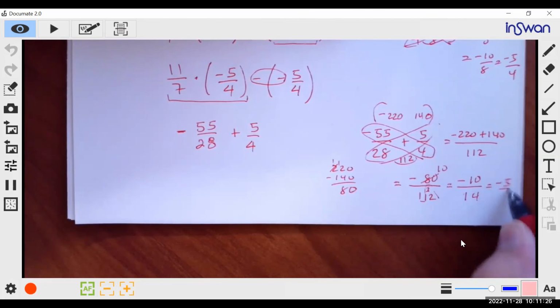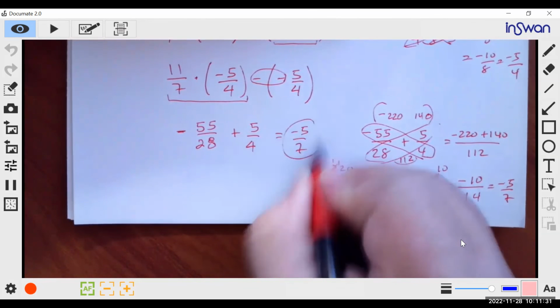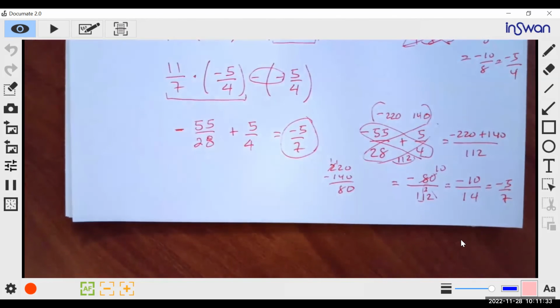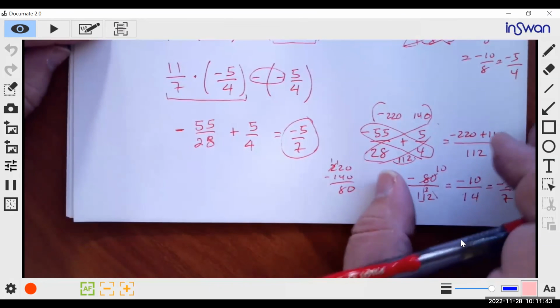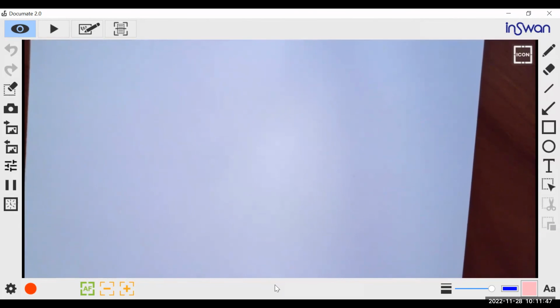So it's negative 10 over 14, and dividing by 2, negative 5 over 7.